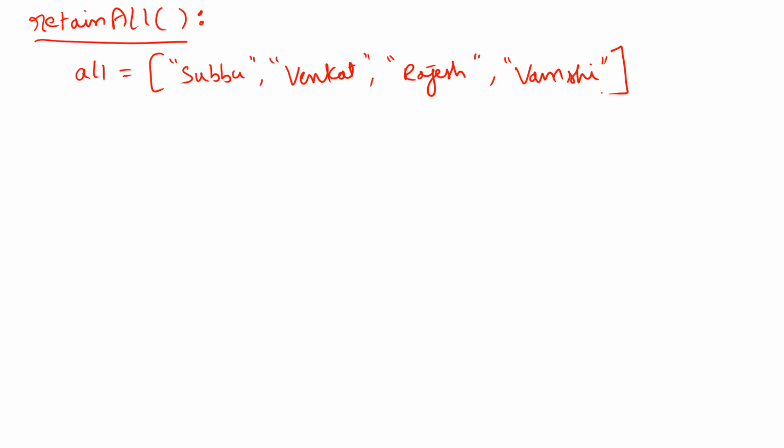So I have 4 string elements in the first array list and I have another array list AL2 and I have elements like Subbu, Raghu and Rajesh.